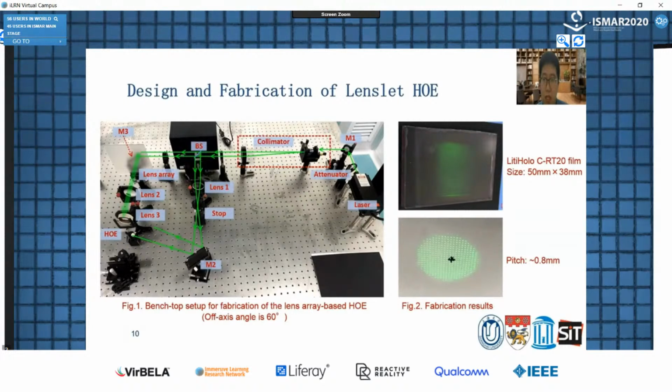The size of the fabricated HOE is 50 mm by 38 mm. We put a whiteboard on the pupil plane with only reference beam illumination. The experimental result is shown on the bottom of figure 2.